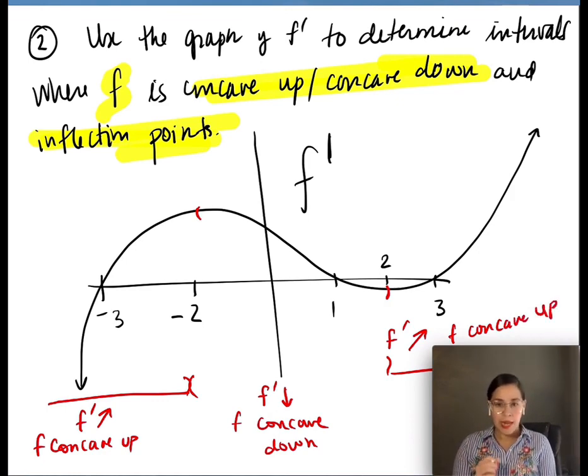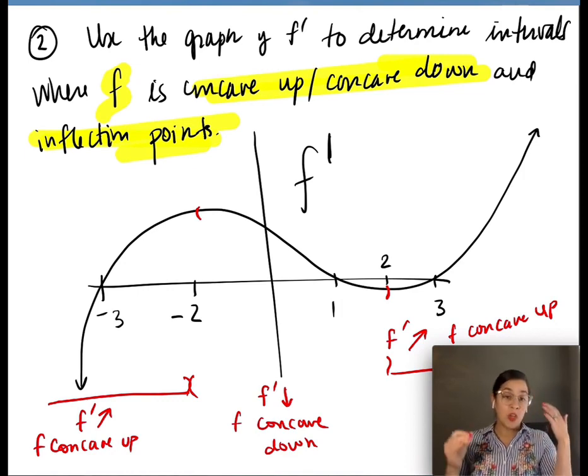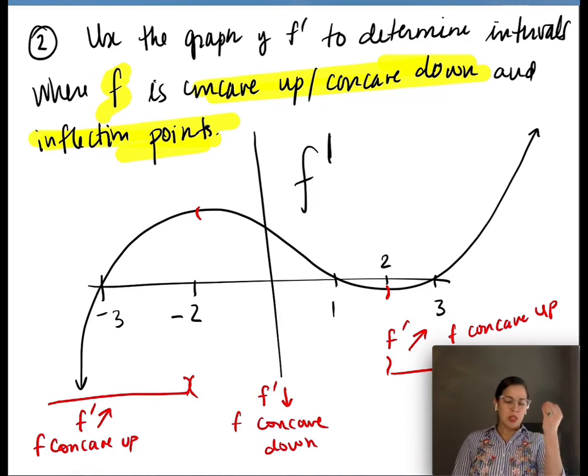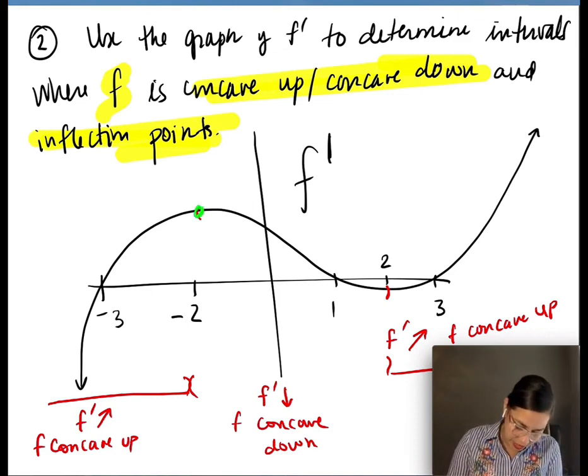Now, there's one more piece of information that we can get from this graph, and it is the inflection points. Whenever I go from concave up to concave down, or concave down to concave up, I have an inflection point. Is that clear? So if I look at this, I see that the concavity changes here, and the concavity changes here.